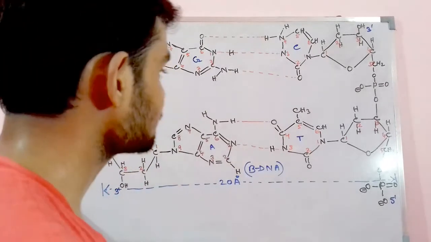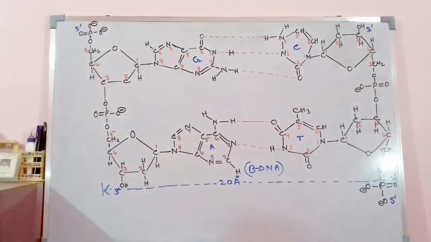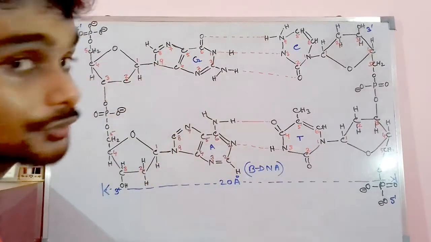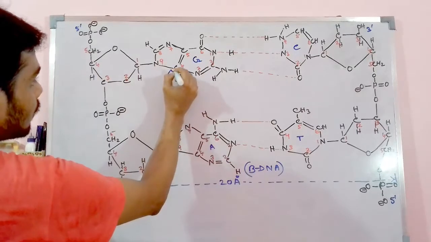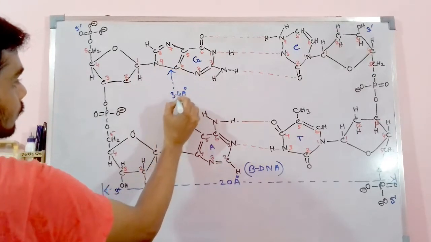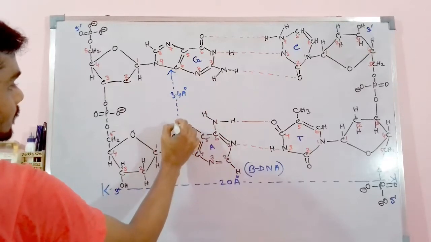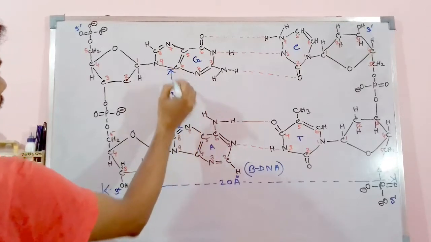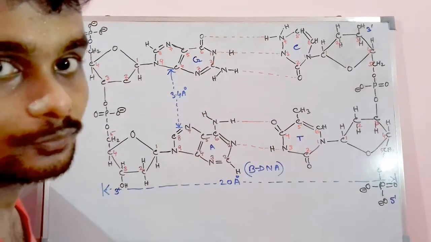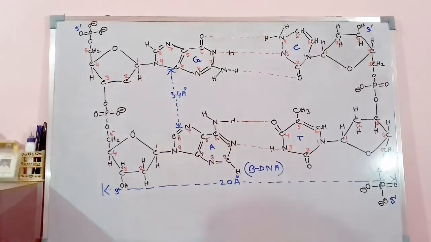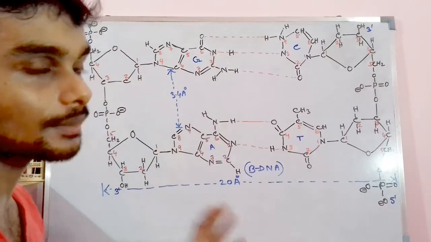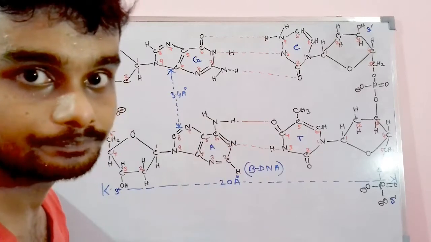Along with that, the distance between two nitrogenous bases is about 3.4 angstrom. And one complete turn of the DNA helix has almost 10 bases, so one complete turn makes up almost 34 angstrom.